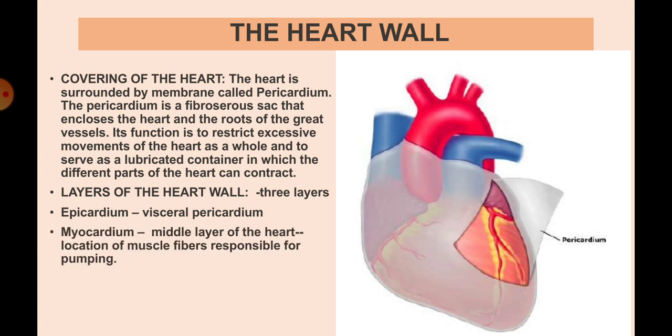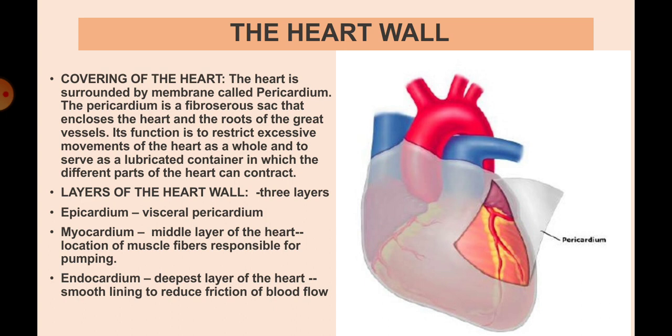Then in the middle there is myocardium, and in the myocardium there are muscle fibers that are responsible for pumping. And the innermost layer or deepest layer of the heart wall is endocardium, and there is a smooth lining, and it reduces friction to blood flow.